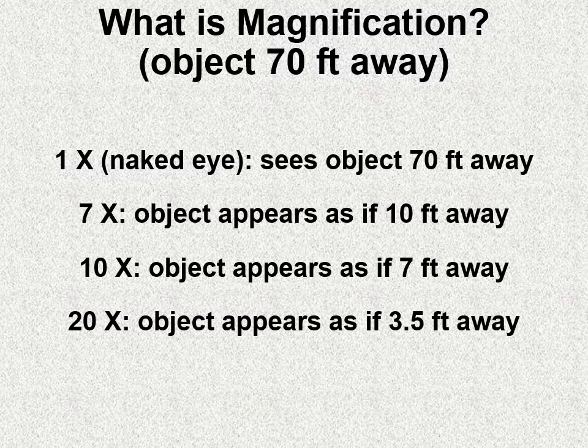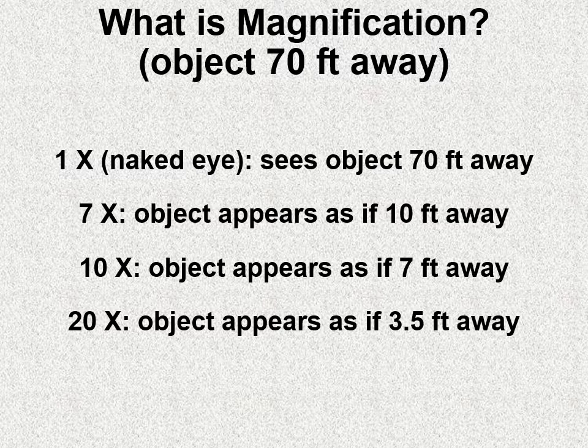If you had a 7-power binocular, that object would appear in your binoculars as if it was 10 feet away. If you had a 10-power pair of binoculars, the object would appear as if it was 7 feet away.